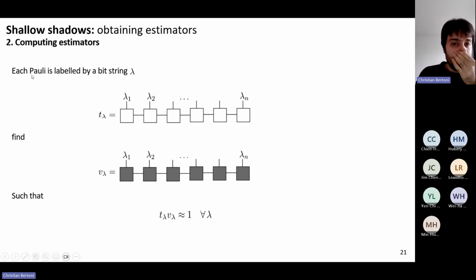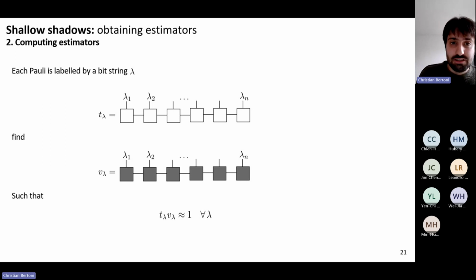And we want to find some other tensor, some other MPS, some other tensor network, that we call V_lambda, such that T_lambda times V_lambda is always approximately 1. And this is a much stranger problem than I realized at the beginning. And we do not know, the authors do not know, of a way of doing this analytically, or of an obvious or straightforward way of doing this.